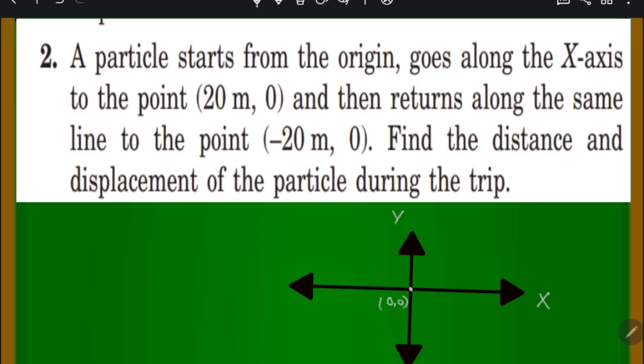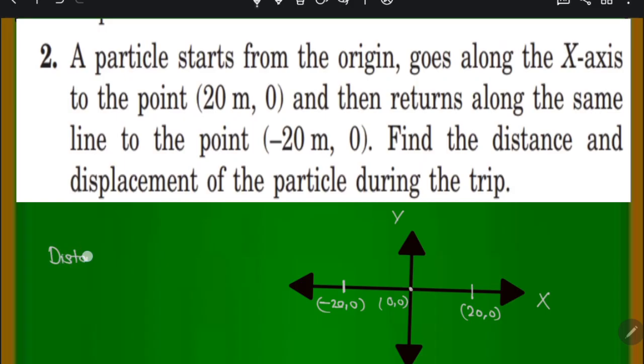This is our y-axis. Along the x-axis, it moves 20 meters, means it moves to 20 into 0, and then returns along the same line to the point minus 20 into 0. Find the distance and the displacement.